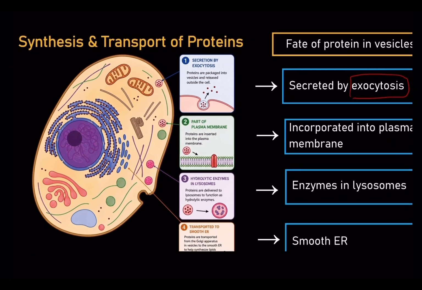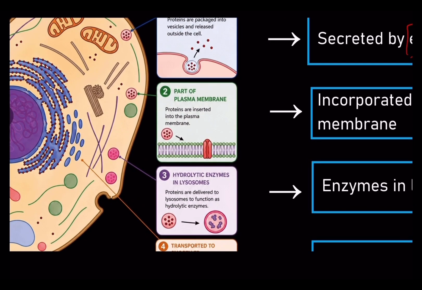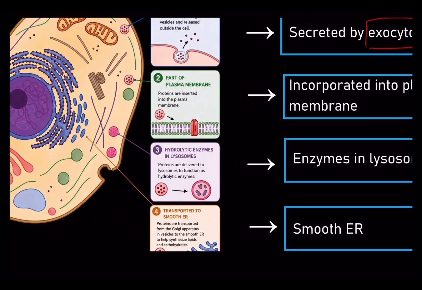The second thing that could happen to these proteins is they could become incorporated into the plasma membrane. If you recall, in the beginning of this video, we studied the structure of the plasma membrane. It has a bilayer of phospholipids with proteins embedded, and some of these proteins actually become part of that plasma membrane. Some proteins can also become those hydrolytic enzymes in lysosomes.